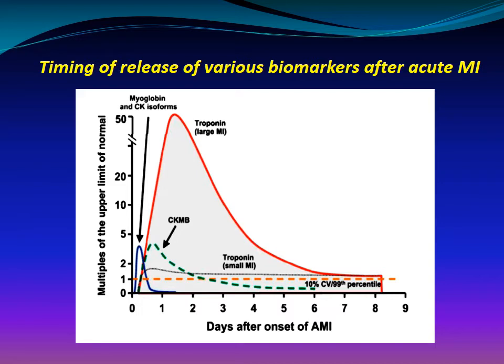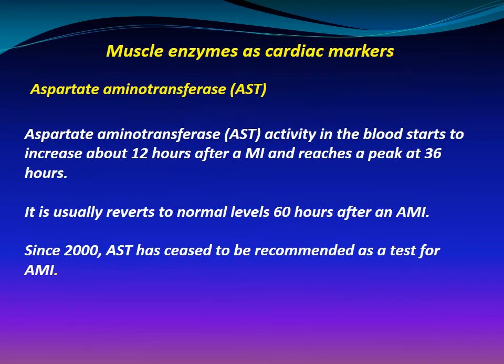The cardiac specific troponin shows small elevation above the upper limit of normal in small infarctions, but rises to 20 to 50 times the upper limit of normal in the setting of large infarctions. The troponin levels may stay elevated above the upper limit of normal for 7 days or more after acute myocardial infarction.